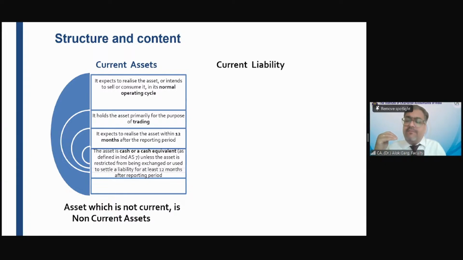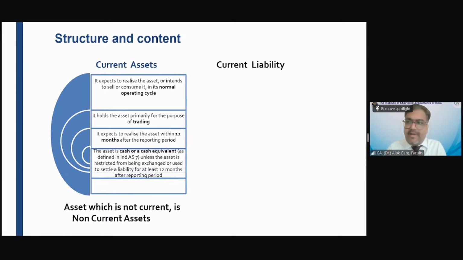Now, when you have to classify any asset as current or non-current, you look at that 30 months as the benchmark on the reporting date. When you are standing on 31st March, the balance sheet date, you have to look at the operating cycle period for any kind of asset. Is that clear?